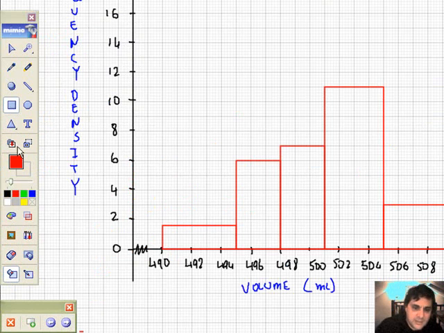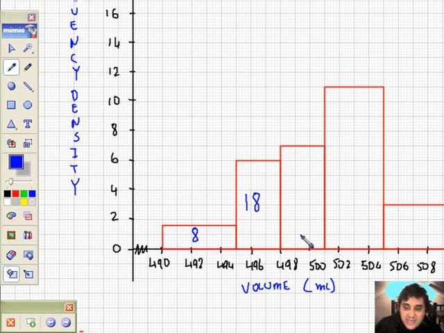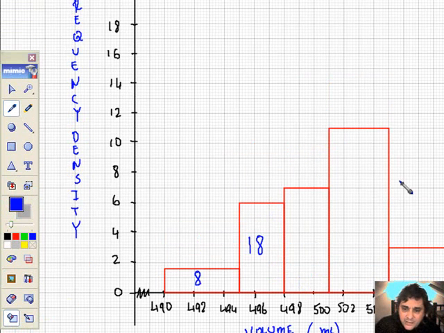So I know for a start that represents 8 in the area, that represents 18 in the area, and somewhere here, let's just chop it down there, we have an area which represents a certain amount, and these ones plus these 18 plus this 8 represents the actual number of tins sampled which are below 500.